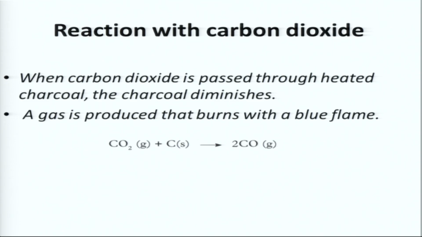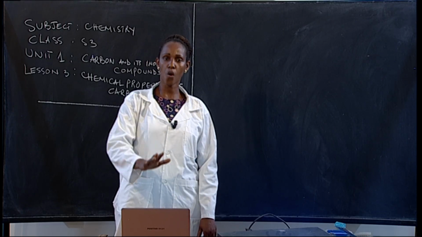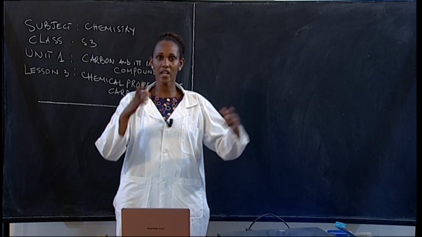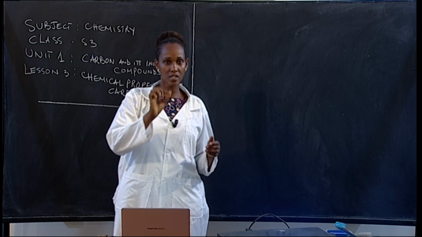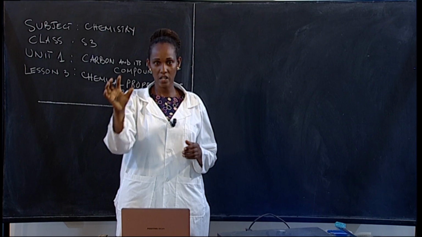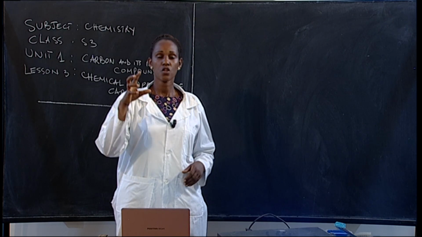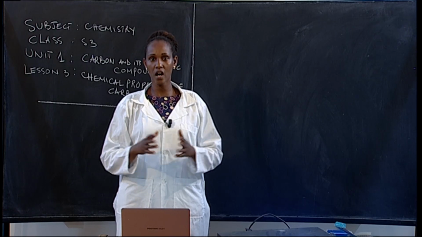That is carbon monoxide that is being formed. So carbon dioxide has that capacity of stopping combustion. Normally when you see these fire extinguishers around, you will see carbon dioxide written on the label. It is carbon dioxide that is there, which is used to stop burning in case there is a fire outbreak.